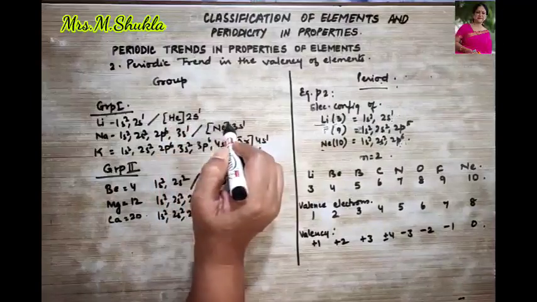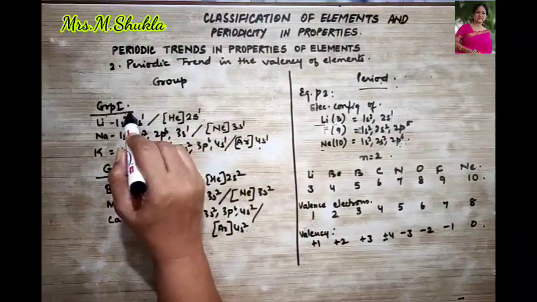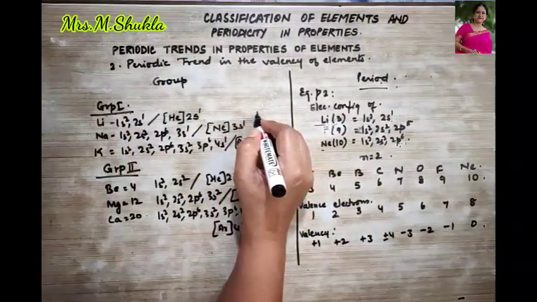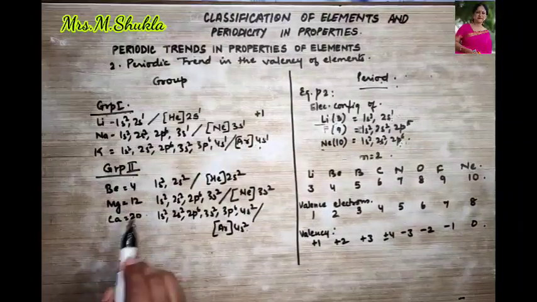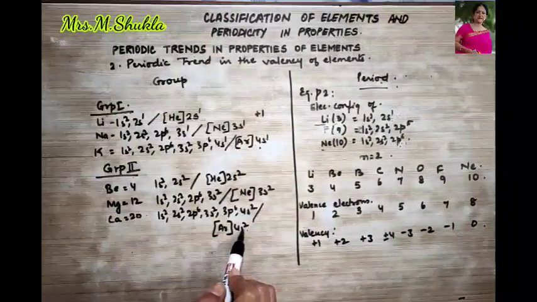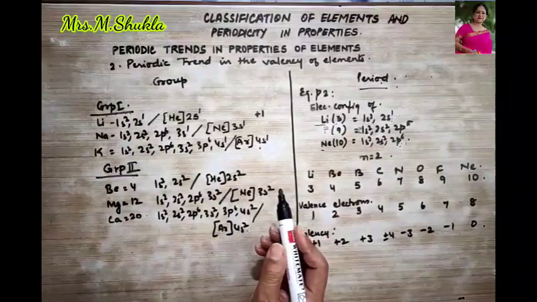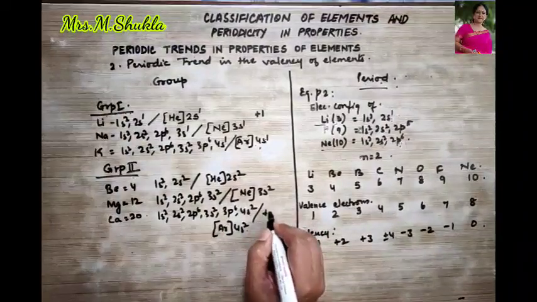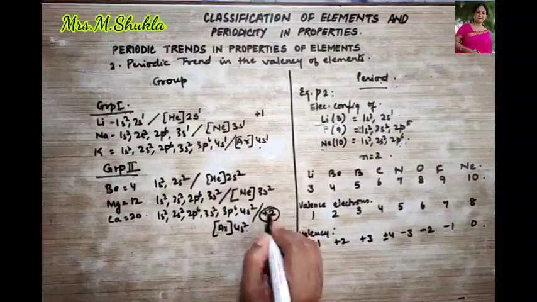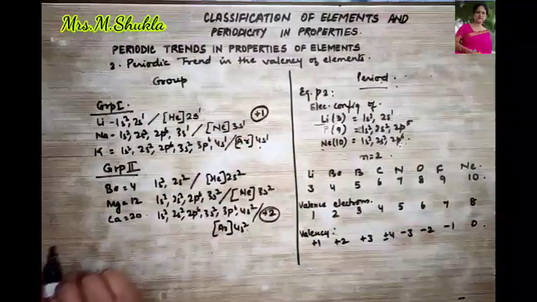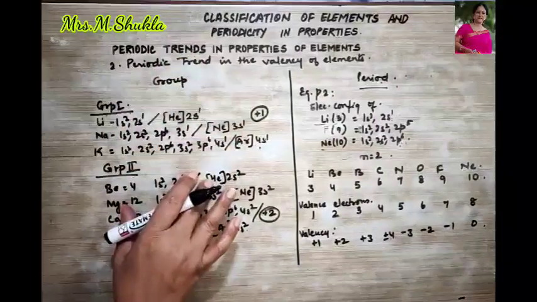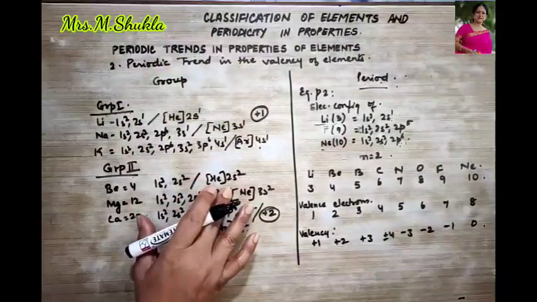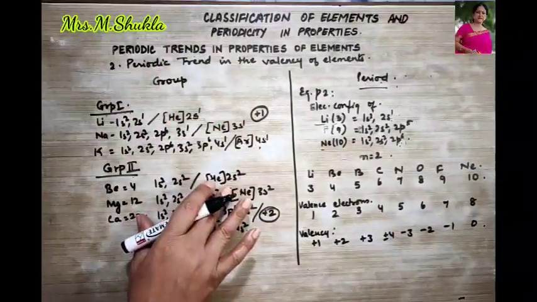So all the elements in that group 1, they are going to have valency +1. All the elements found in group 2, they have 2 electrons in the outermost shell. That means they are going to lose 2 electrons. So all of them will have +2 as their valency. Here it is +1 as the valency. So in a group, all the elements, they have similar valencies. Is this clear to all?